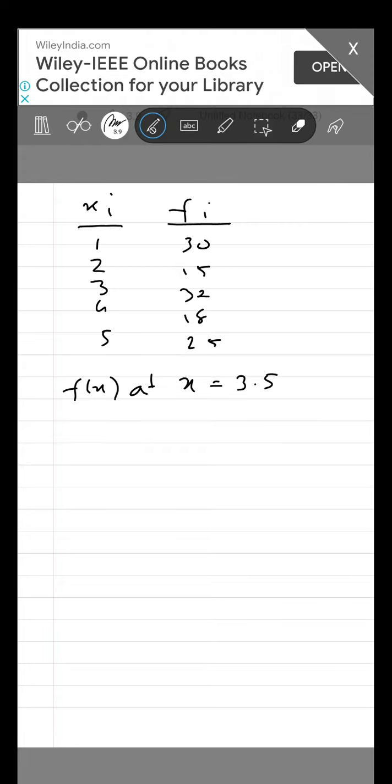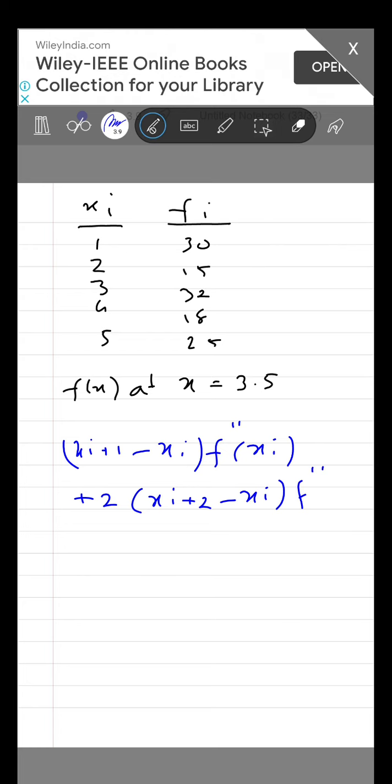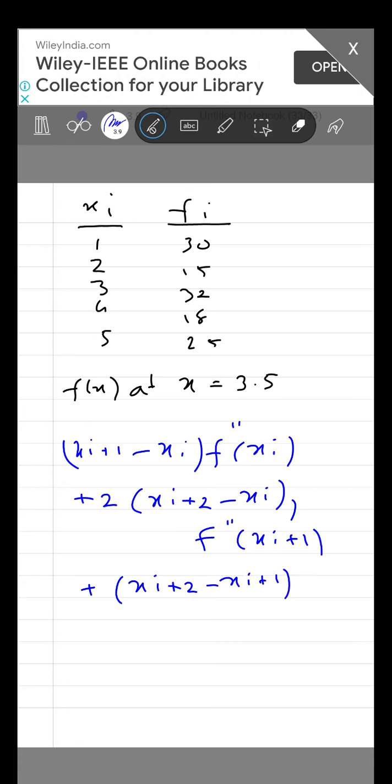So we'll use this equation: (xi plus 1 minus xi) into f double differentiation (xi) plus 2 into (xi plus 2 minus xi) into f double differentiation (xi plus 1) plus (xi plus 2 minus xi plus 1) into f double differentiation (xi plus 2).